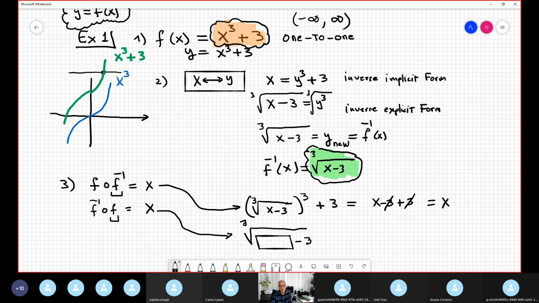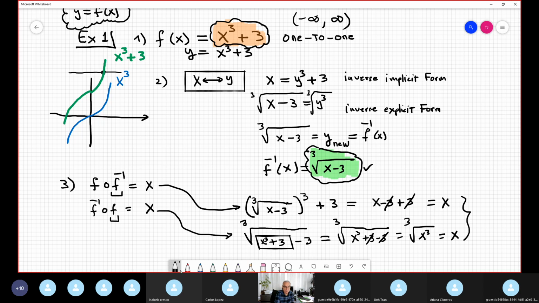Inside the box, I copy the original, x cubed plus 3. So now I see cubic root of x cubed plus 3 minus 3. This cancels, and the cubic root of x to the cubic power is x again. Fantastic. Double checking done. I am sure now that the green expression represents perfectly the inverse function of this.